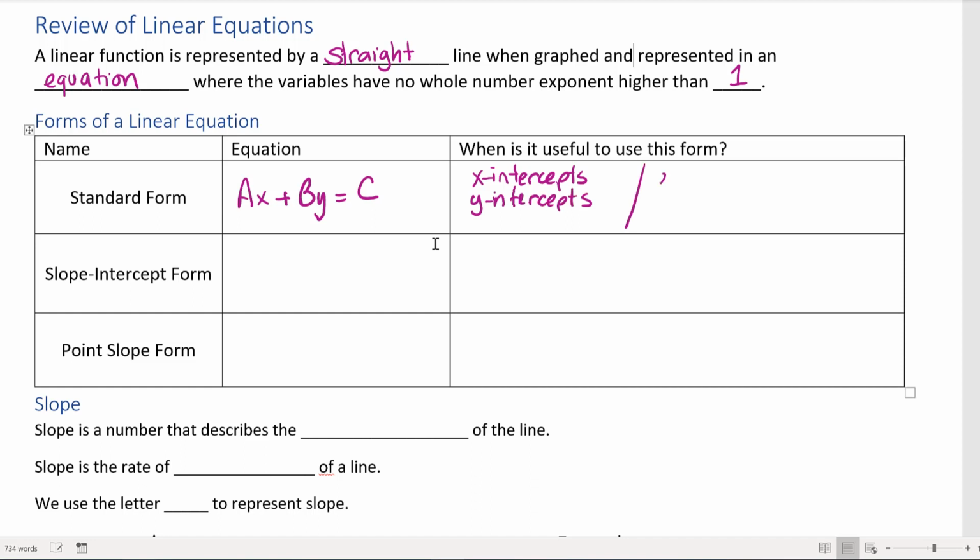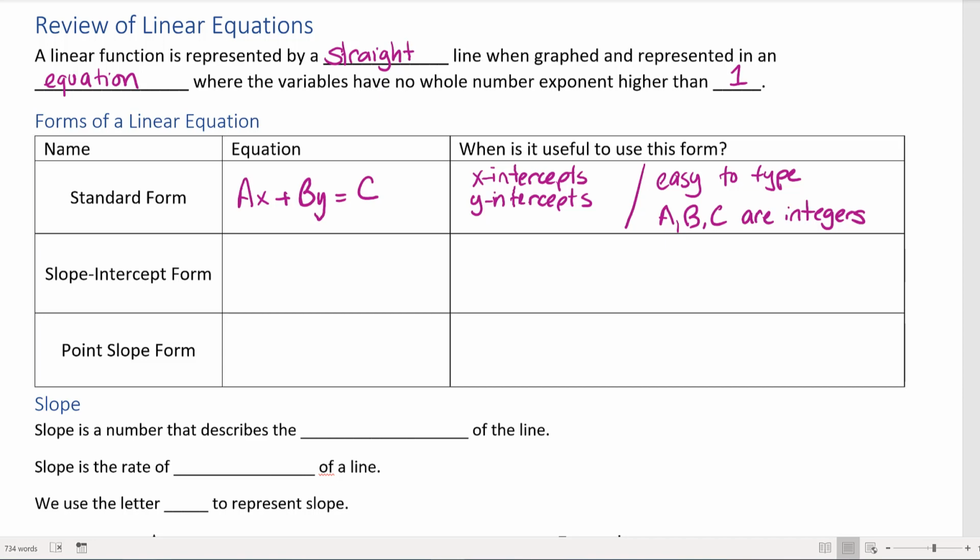It's also easy to type this form, because a, b, and c are integers, meaning positive or negative whole numbers, and technically a needs to be positive. B and c can be negative or positive. So that's one form of a linear equation.